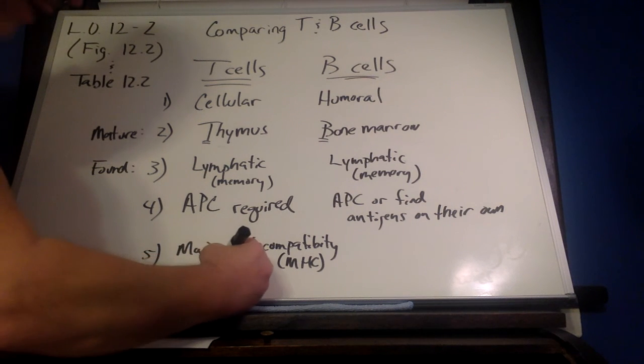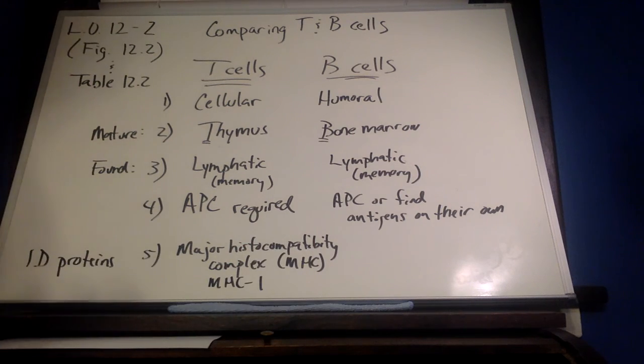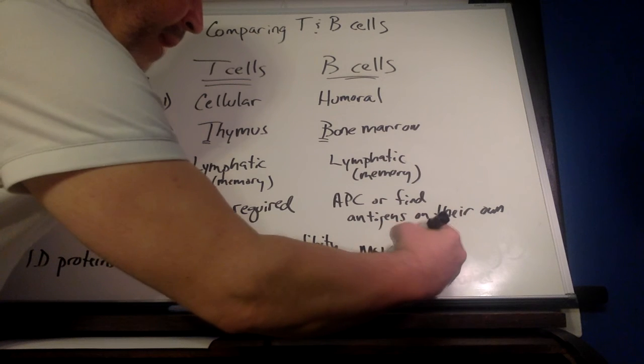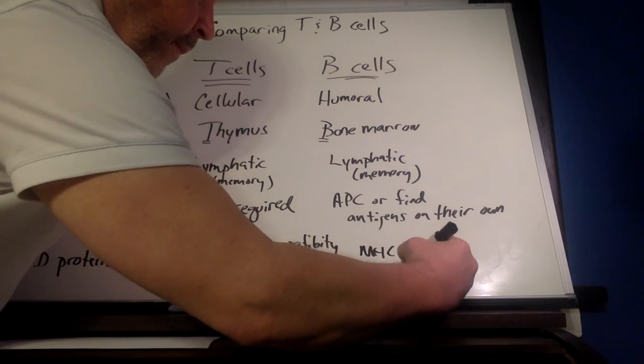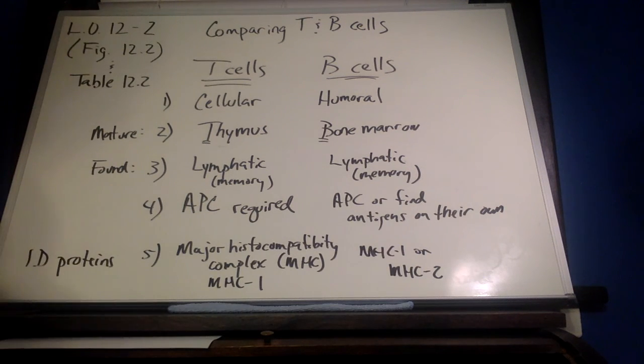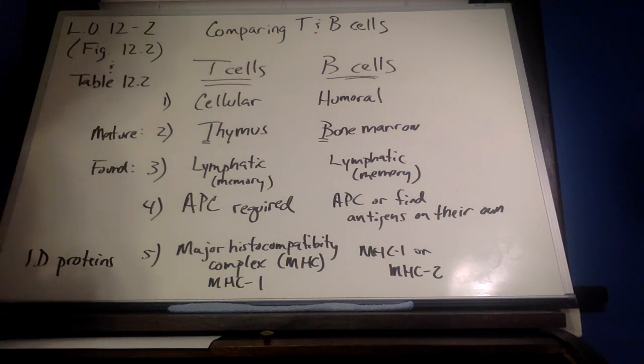However, T cells will only have MHC1 proteins, whereas B cells will have MHC1 or MHC2 proteins. So there are two different types of proteins that are going to identify your cells from foreign cells or foreign particles. T cells will have one of them. B cells will have two of them.